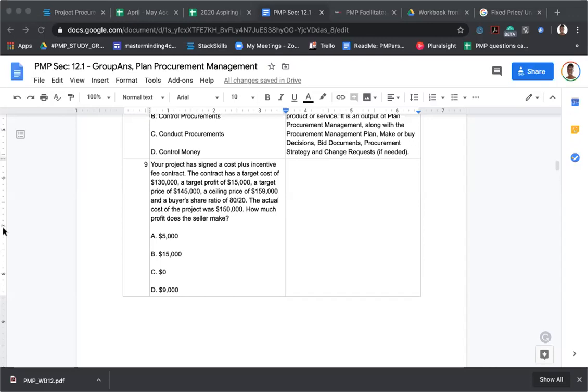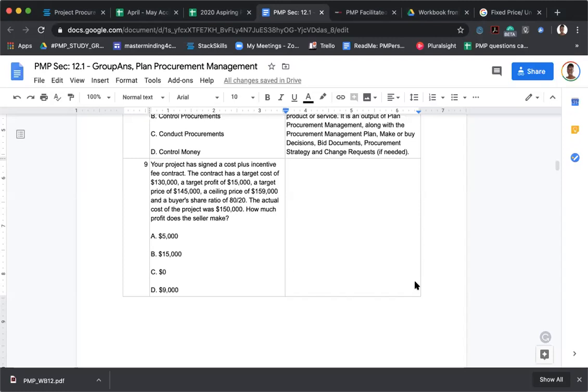Okay. So ceiling price minus target price, right? Divided by buyer's share ratio. The point of total assumption, that's the name of it, plus total cost. So if we're looking at ceiling price of 159,000 minus target price of 145, right? 14.